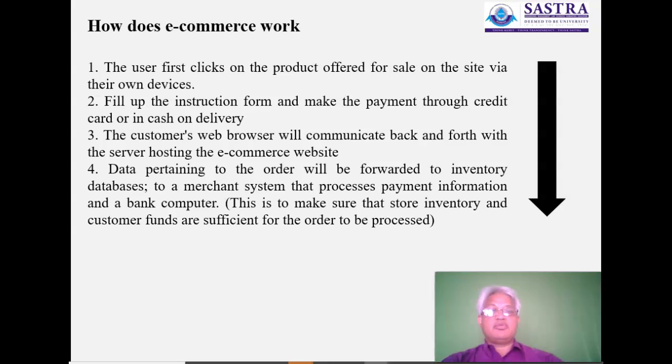And what are those databases? Those databases are the merchant system that processes payment information and a bank computer. Well, this process actually ensures that the store inventory and the amount paid by the customer are sufficient for the order to be processed.